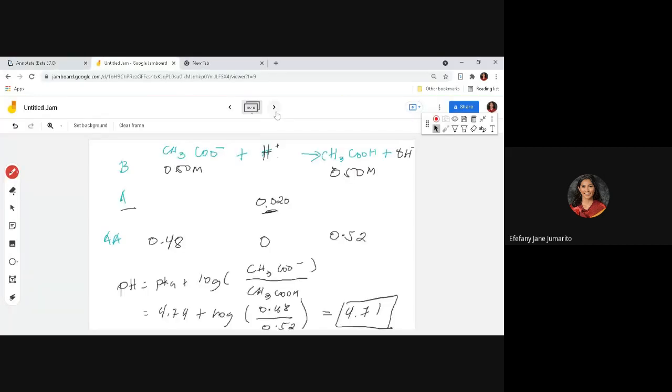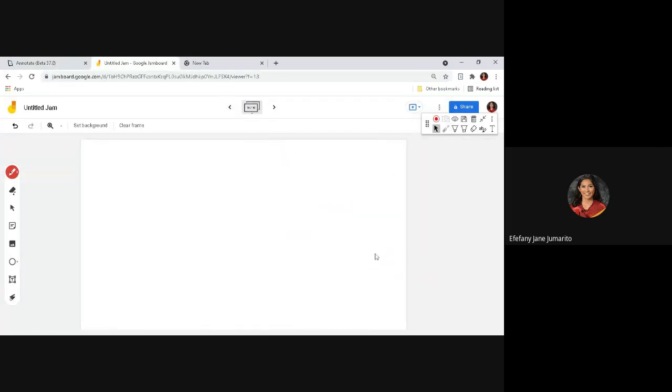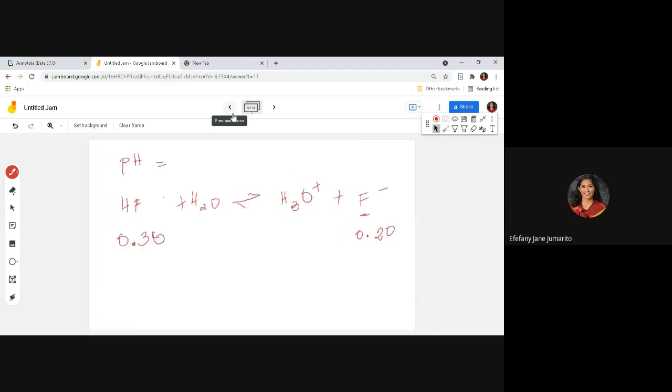Now if we have this buffer with 0.20 and 0.30, we will see there will be a higher pH change. But let's go here.